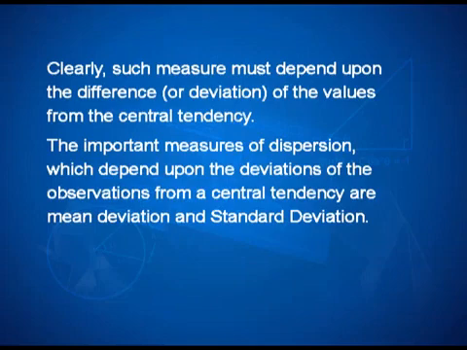The important measures of dispersion which depend upon the deviation of the observations from a central tendency are mean deviation and standard deviation. Let us discuss them in detail. What do you mean by mean deviation?